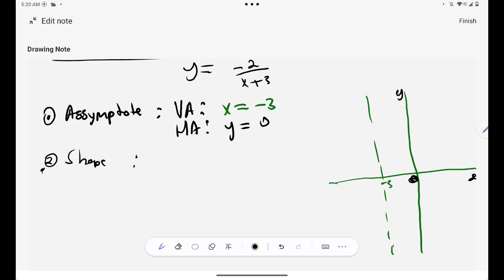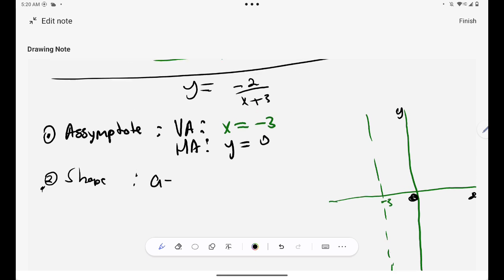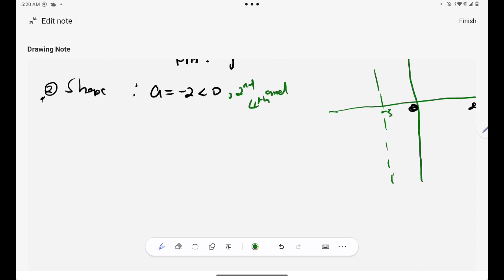And then secondly, you must establish the shape. Are we together? A is equal to -2, which is a negative number. So we can therefore conclude that our graph will be on the second and fourth quadrant. Are we together? Then thirdly, for the x-intercept, just make y 0.